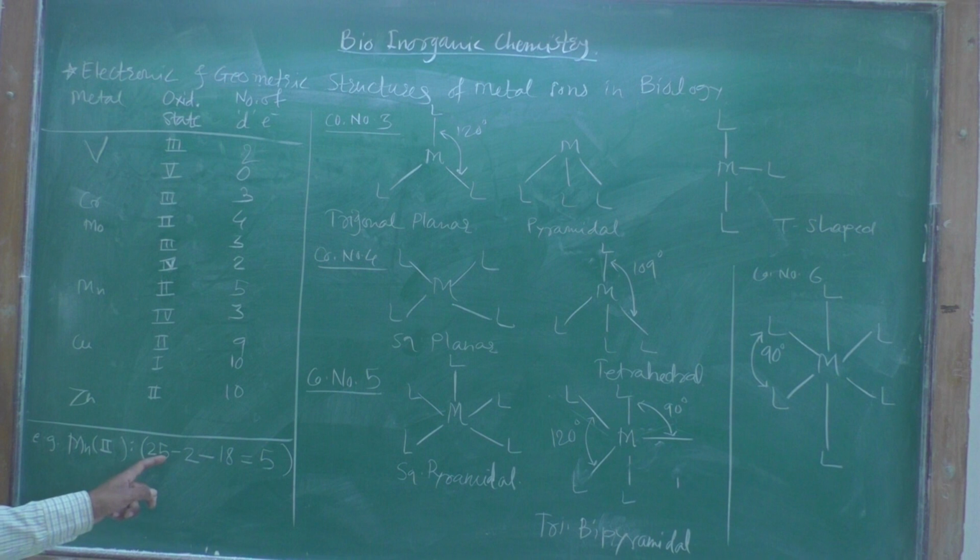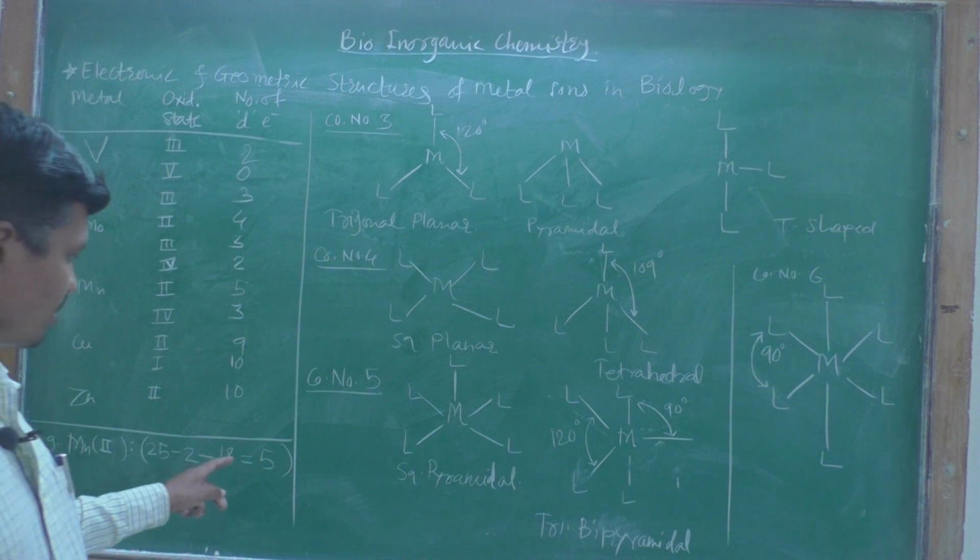The manganese atomic number is 25, so 25 minus the oxidation state 2, and minus the previous inert gas from manganese, which is argon, 18. So 25 minus 2 is 23, and 23 minus 18 is 5.